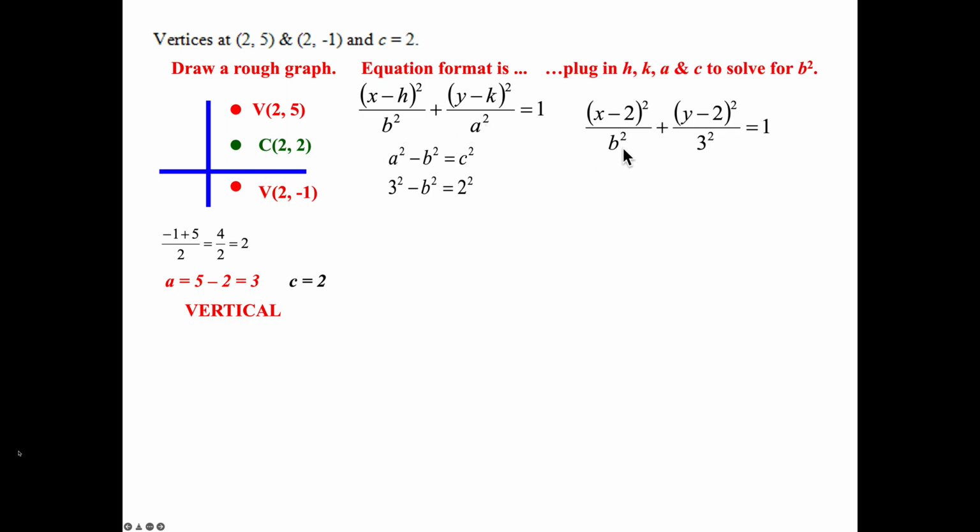So we have a 3 squared or 9 underneath the y minus 2. Let's go find b squared. 3 squared, 9, minus b squared equals 2 squared, which is 4. Again, subtract over the 4, add over the b squared. If you notice, it's just like you interchange the 4 into b squared. B squared is 5. Put it into the denominator of the first fraction, and there's our equation.